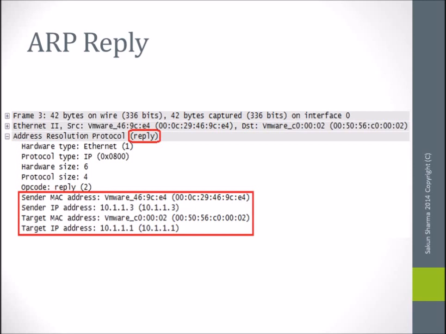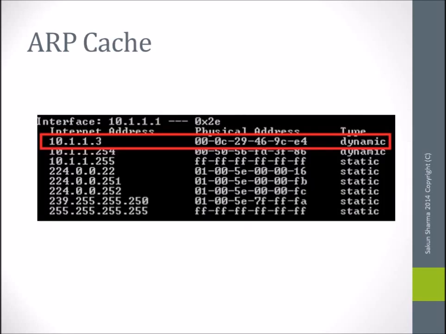Now when machine Sakun receives an ARP reply, it will store this MAC address in its local cache, which is the ARP table. So all machines have a local ARP cache as an ARP table. Next time when it wants to send some data, it won't send an ARP request again. It will first check its local cache.